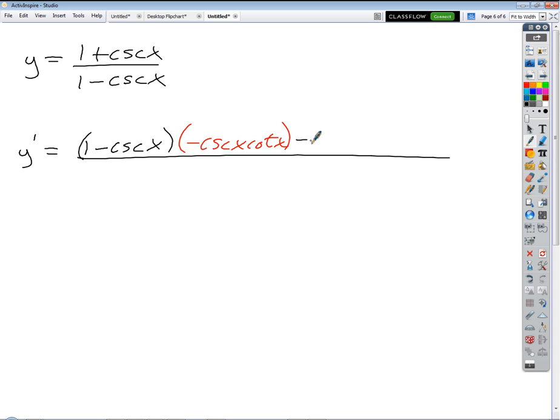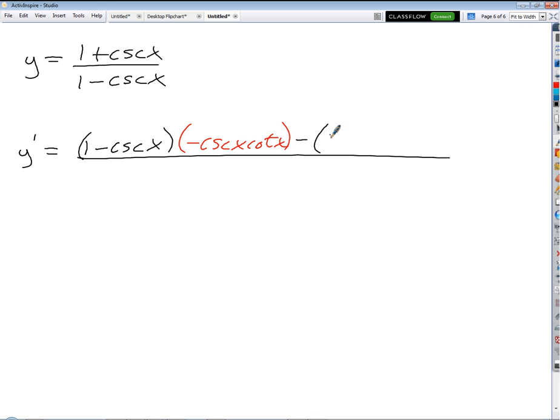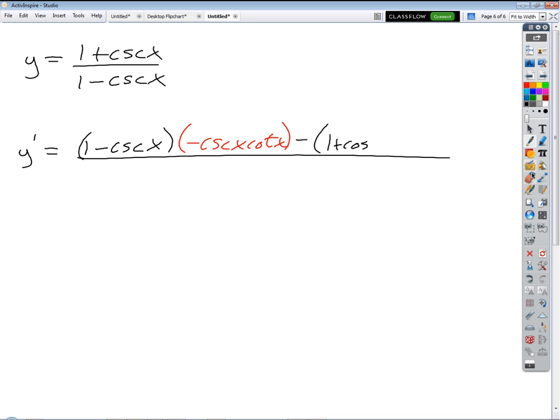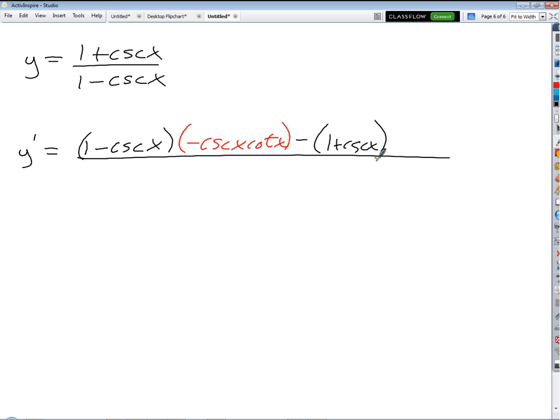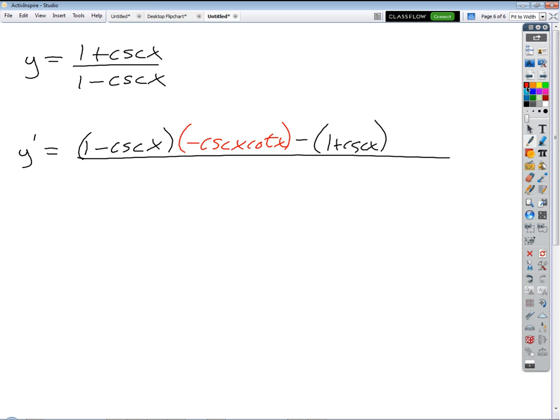Minus high, cosecant, D low. What's the derivative of the bottom? I'm going to get 0 minus negative cosecant x cotangent x, right? Which is positive. So I don't need the plus sign, do I?